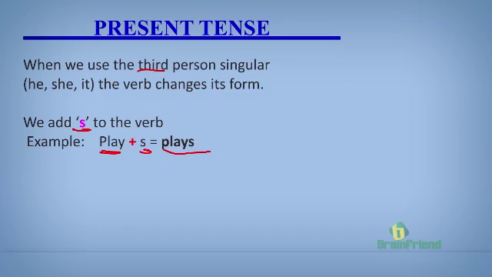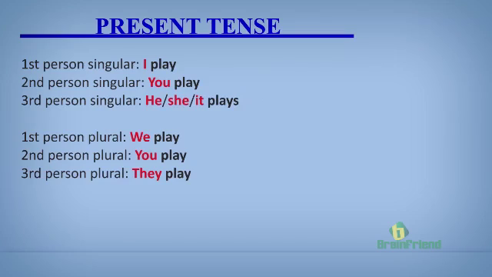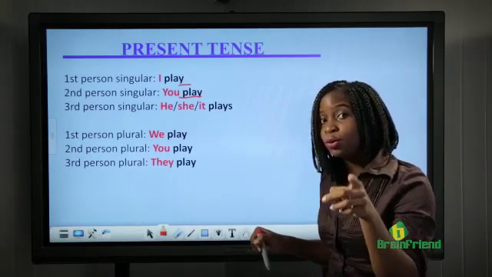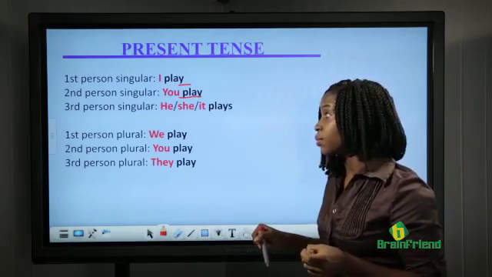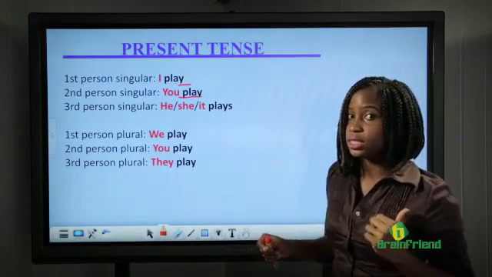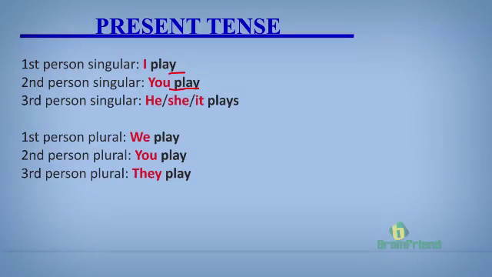Let's illustrate this now. For the first person, you use the verb in its main form. I play. For the second person singular, we use the verb in its main form still. That is, I can say you play every day. But now when talking about another person, the third person singular, we add s, which we just learned.